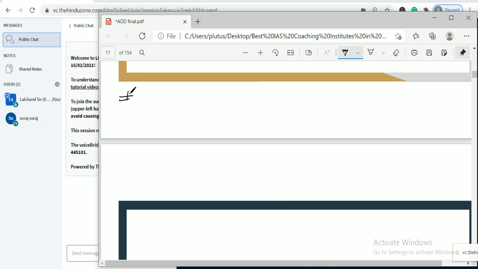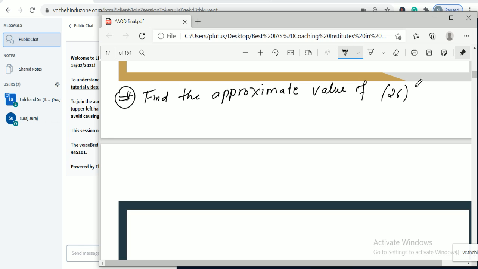So there is a question: find the approximate value of 26 to the power 1 by 3. This kind of approximation. We have to find approximate value of 26 cube root.